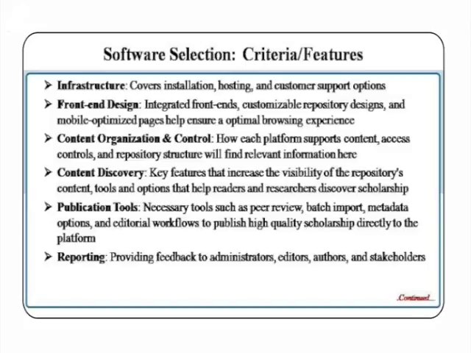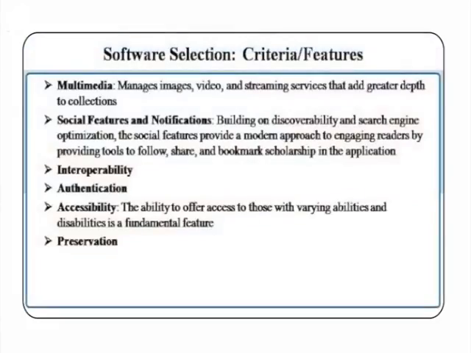Front-end covers customized repository design and mobile optimized pages, whether the browsing experience is assured. Some of the features available in Greenstone are listed here: reporting, multimedia content, how it manages video, social features like networking, interoperability, authentication and accessibility. Can you restrict some documents? All these are the criteria for selecting the software.